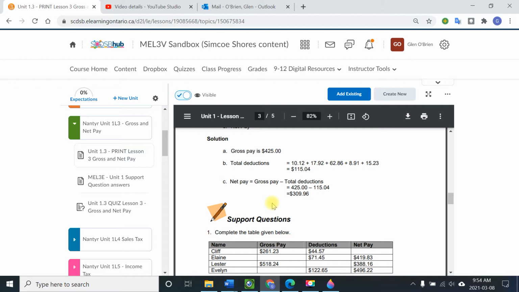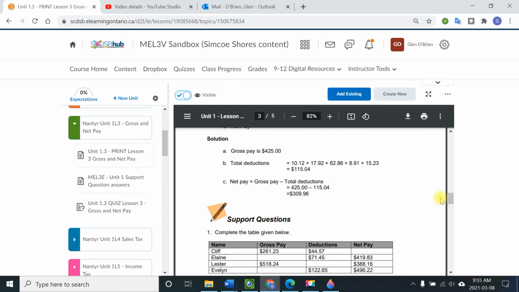All right, so we're going to write down all this information here. So again, I'm just going to create the table here. So we have Cliff, so we have all the information here, and we have gross pay, deductions, and net. We got 4 people there.